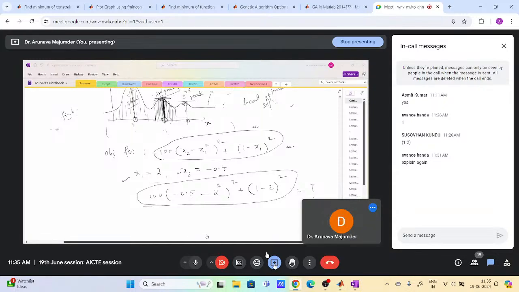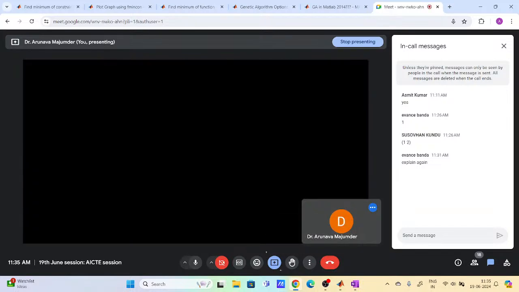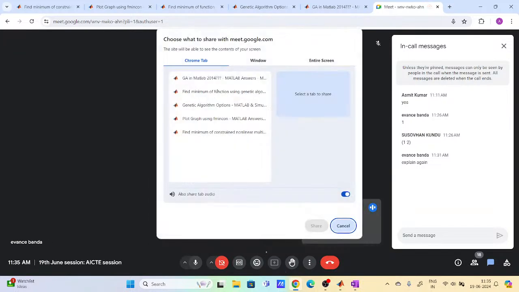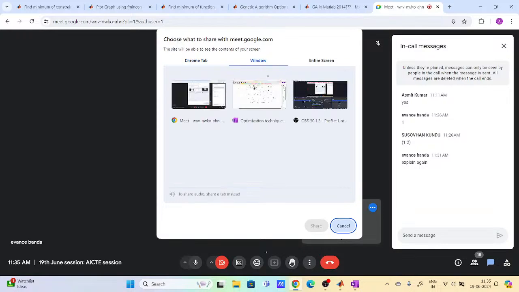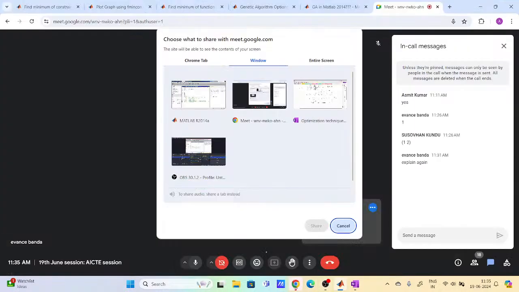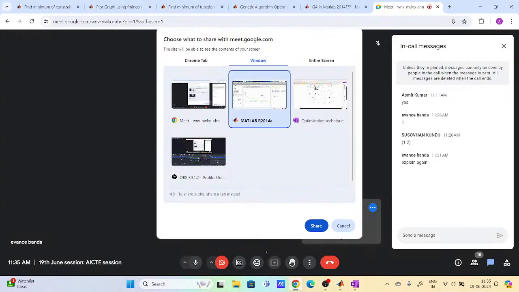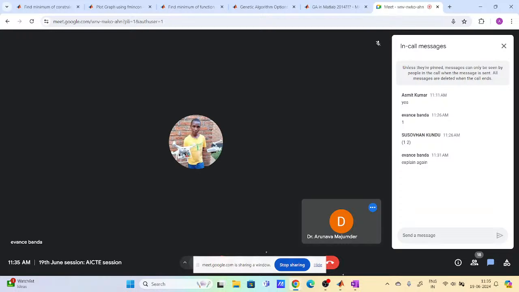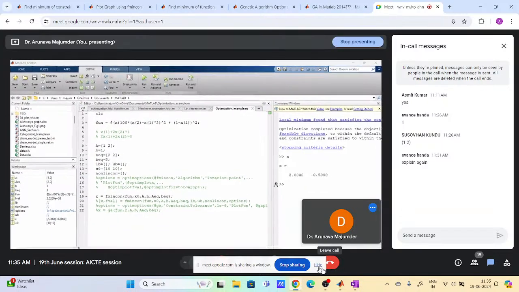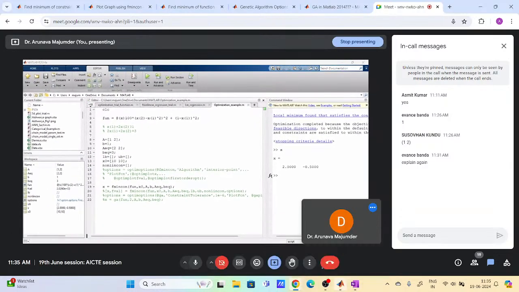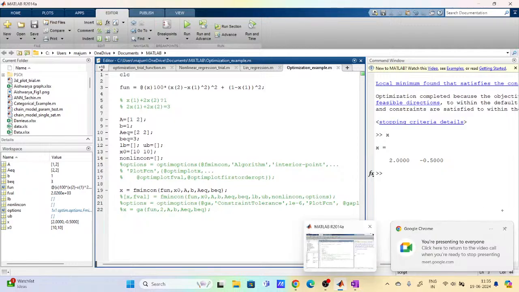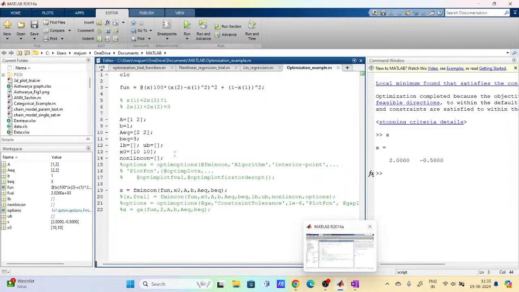So now again I am going to MATLAB to visualize the optimal value of the function. We can use another code.